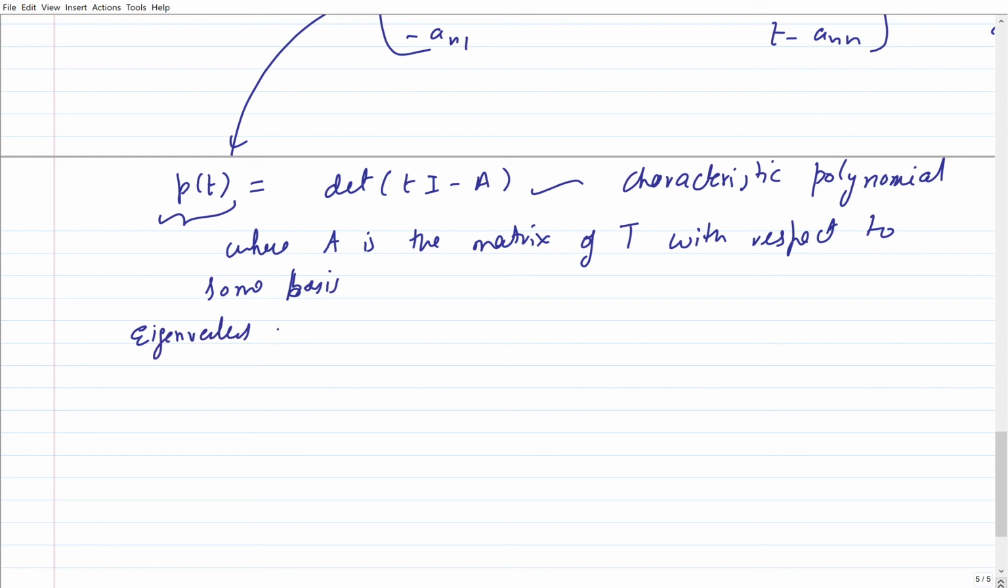Eigenvalues are the roots of the characteristic polynomial.